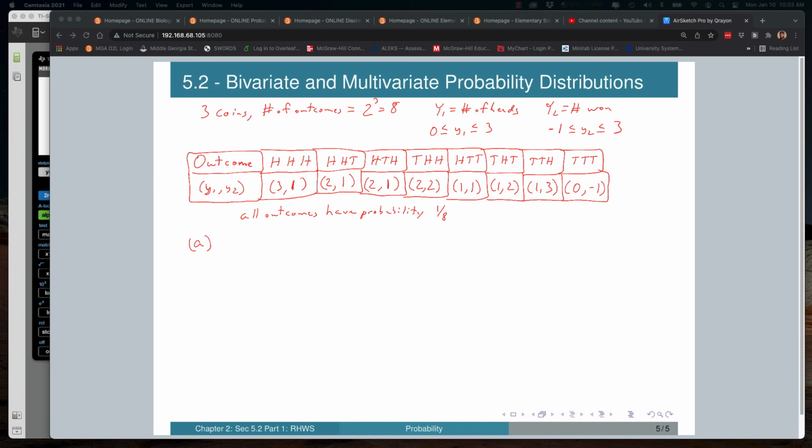So again, we're going to create our table. Y1 can take on the values 0, 1, 2, or 3. And y2 can take on 4 values as well, -$1, $1, $2, or $3.